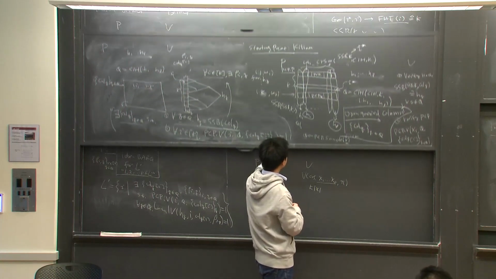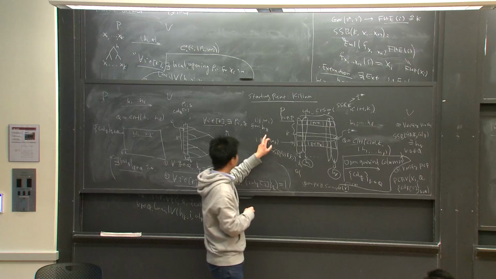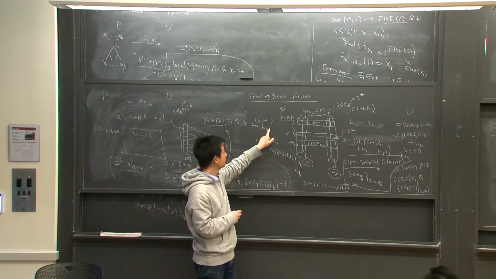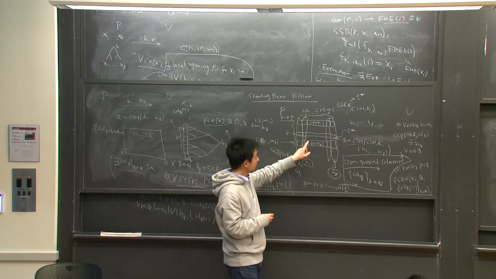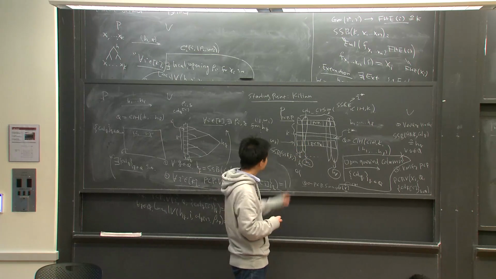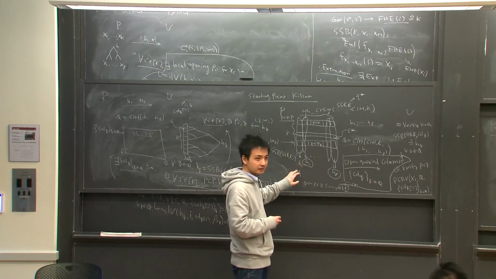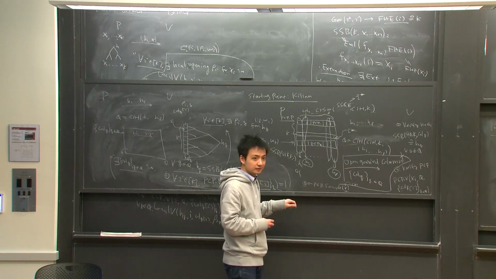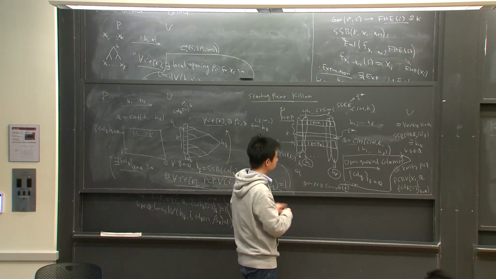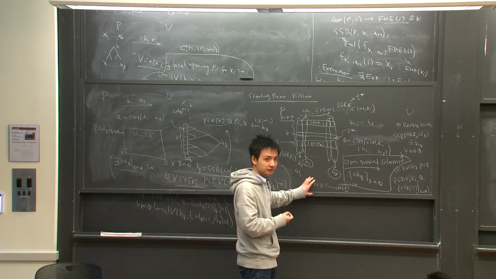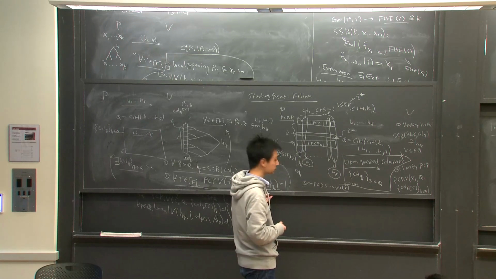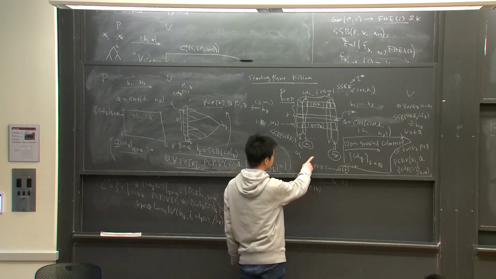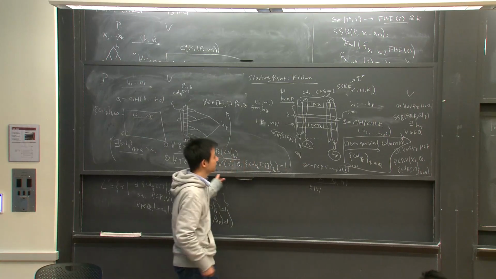Initially we have a bunch of statements from 1 to k, and each of them has an NP witness from omega 1 to omega k. We compute this PCP matrix, and for each column, we hash it to H1 to HL. And HQ is just the Q-th column's hash, the index Q among this H1 to HL.